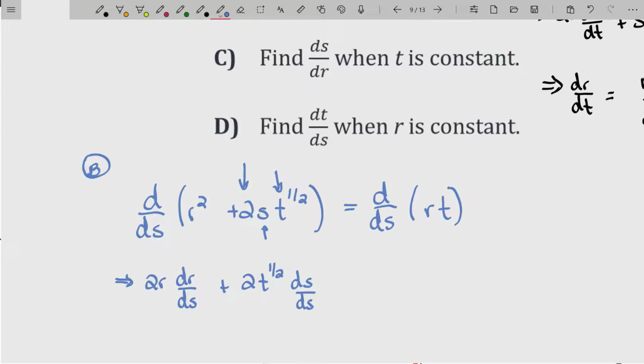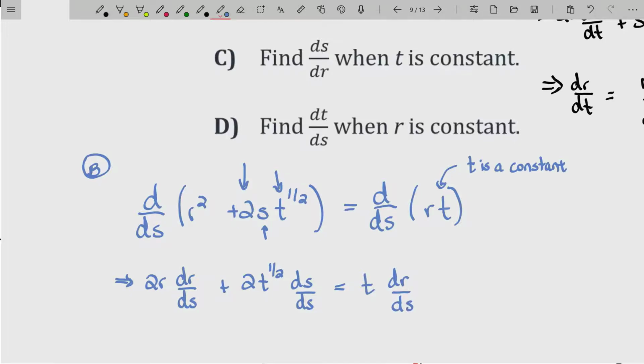We know that's going to be 1, equals. Now you might think this is a product of functions, but it's not. T is a constant, so we can say that's just t, whatever that number is, times the derivative of r with respect to s.